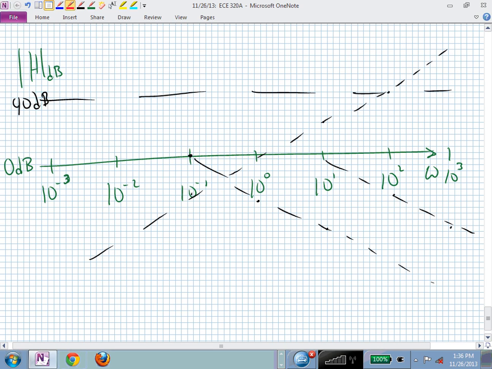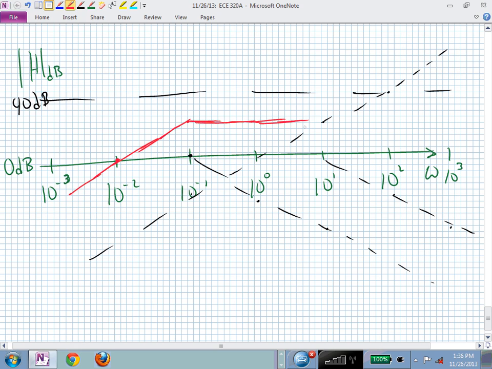So right here at 10 to the minus 2, I have minus 40 and plus 40. I'm going to be at 0. And I'm going up 20 dB per decade until I hit something that changes the slope, which is that first pole, and then my slopes cancel.